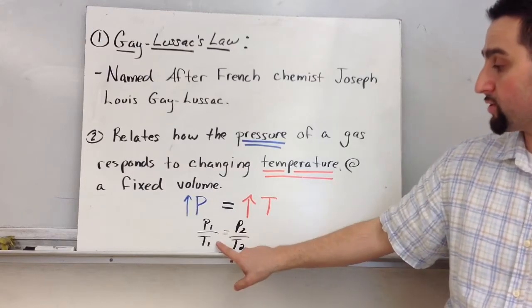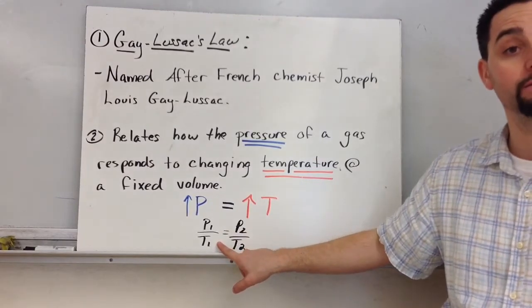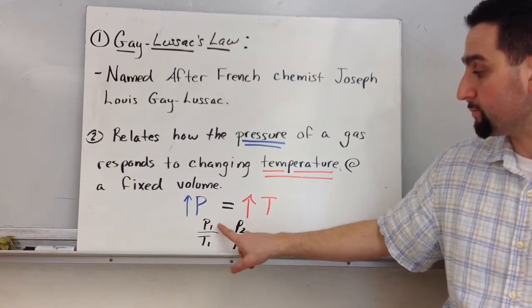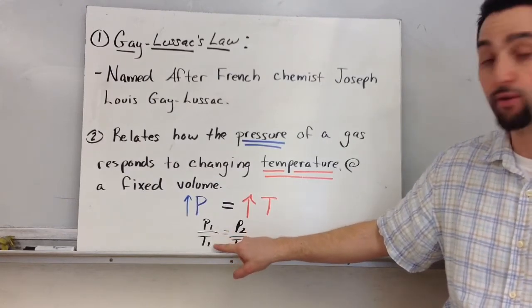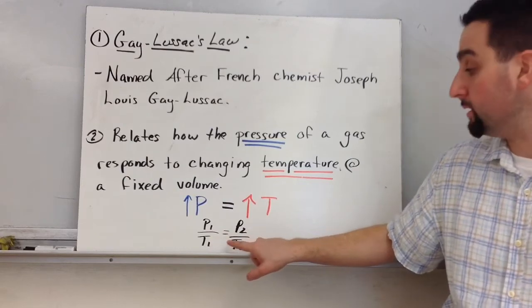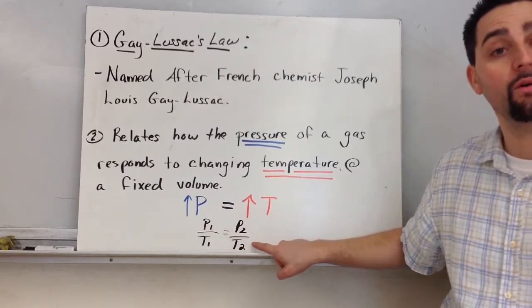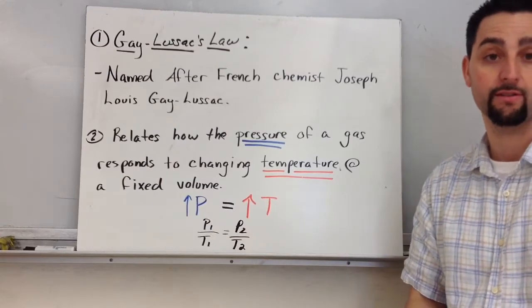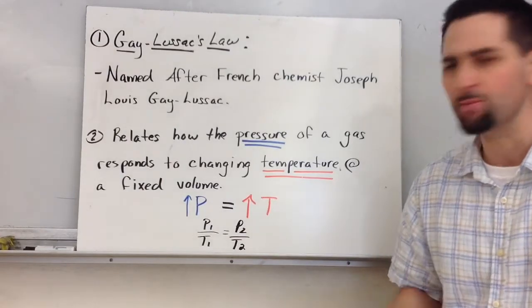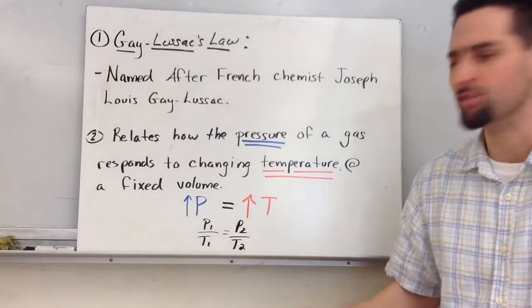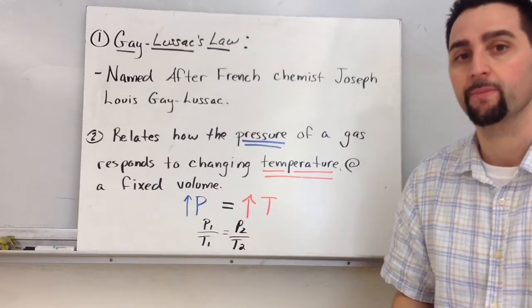So here's our expression for Gay-Lussac's law. Our first pressure divided by our first temperature is going to be equivalent to our second pressure over our second temperature. You might be asking yourself, wait a minute, I've seen this before. This looks like someone else's law.